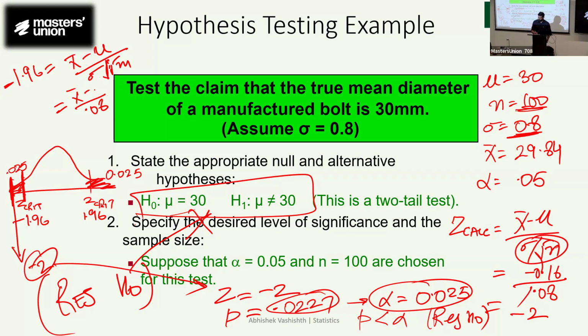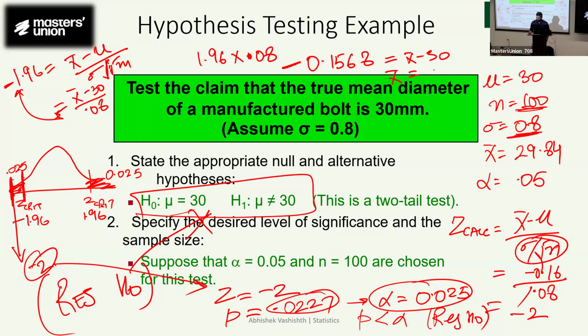X bar minus 30. Do this, 1.96 multiplied by 0.08, 0.1568, negative because this was negative, is equal to x bar minus 30.